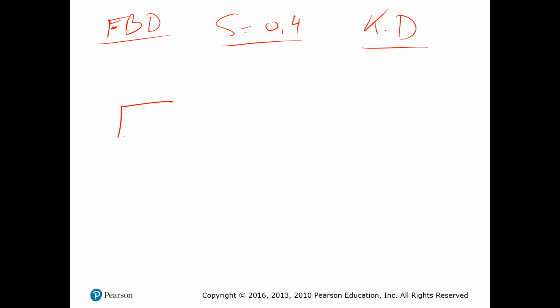So you all know how to make a free body diagram. We have the normal force going up. We also have the weight going down. Then we have the force that was pushing the box, and as a result of that, we have the force of the spring, right?